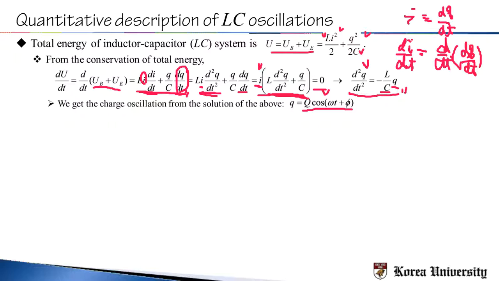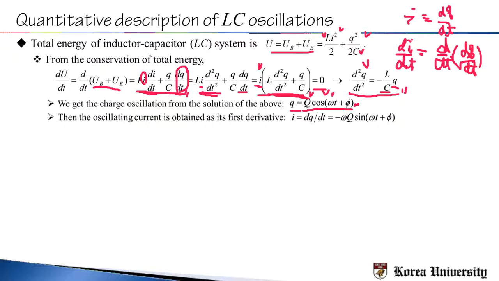The large Q is the maximum amplitude of the charge, omega is the angular frequency of the charge oscillation, and phi is the phase constant. This is a general form. Since we have written the charge, we can immediately get the current by simply taking the first derivative.